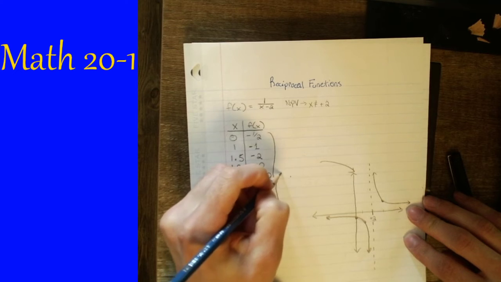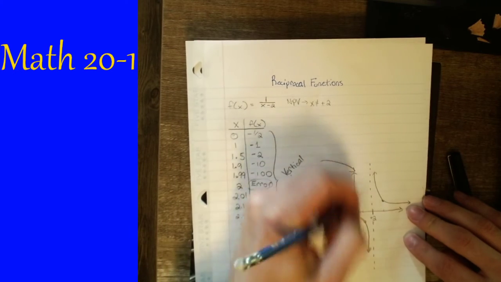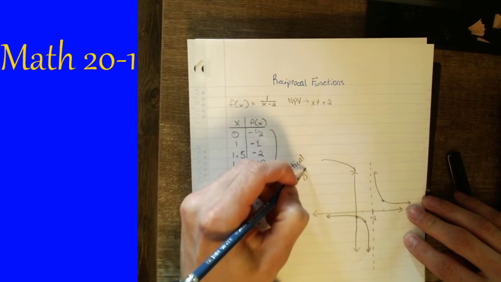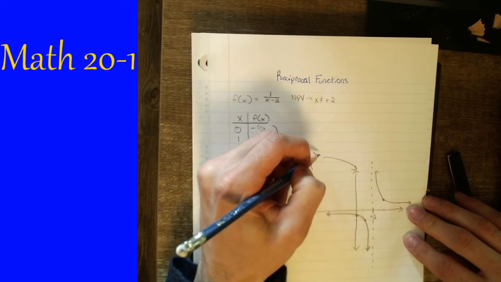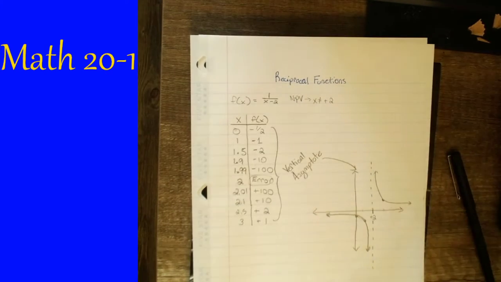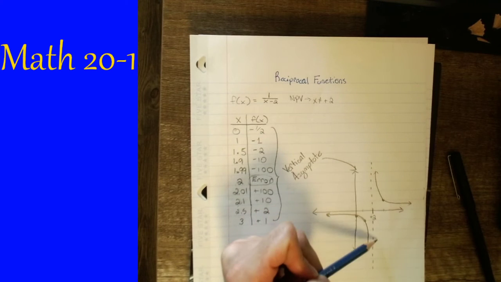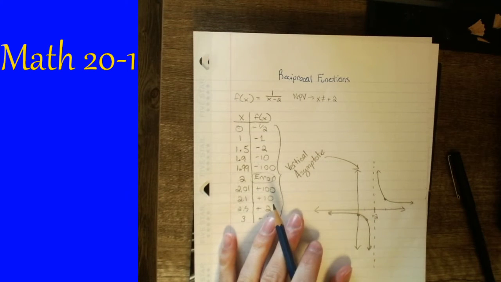This is called a vertical because it's up and down, and the fancy name is asymptote. Sometimes I'll refer to it as asymptotic behavior. So a vertical asymptote is a vertical line which your graph approaches but never actually touches, if that makes sense.